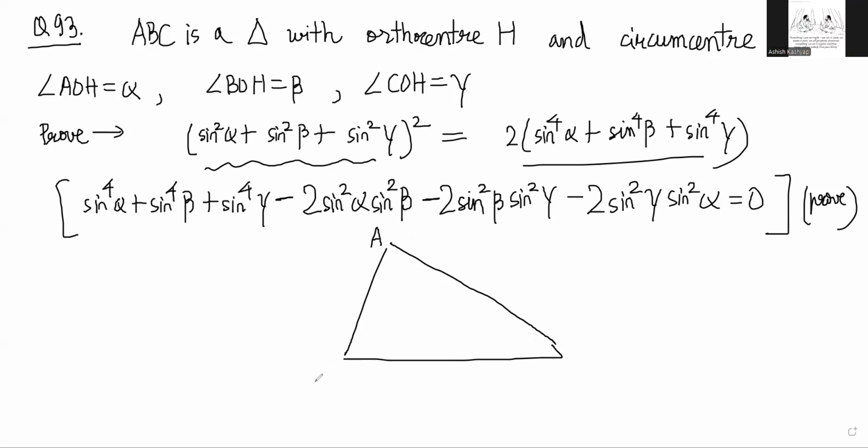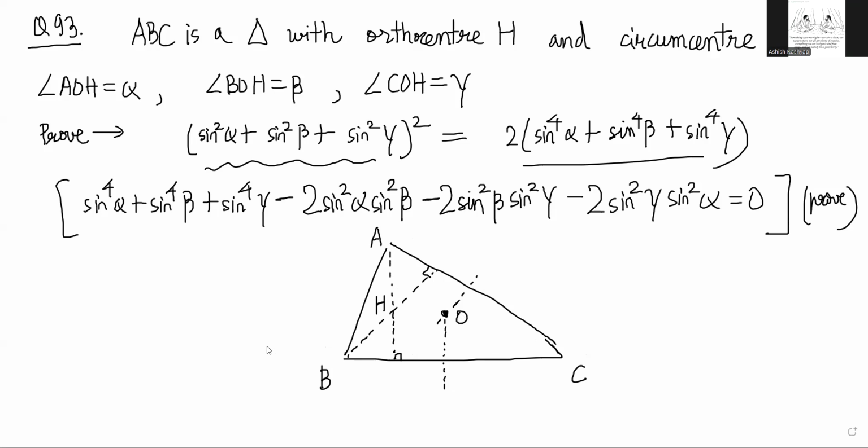ABC is a triangle and we have the orthocenter like this. This is my orthocenter H, and the circumcenter will be through perpendicular bisectors, so it will be somewhere here.